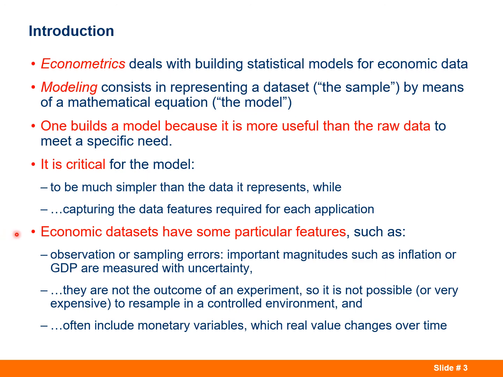Last, econometric datasets have some particular features in comparison with datasets coming from nature or from engineering. First of all, economic data often has observation or sampling errors. Consider important magnitudes such as GDP or inflation. Inflation is measured as the annual growth rate on the basis of a particular price index.